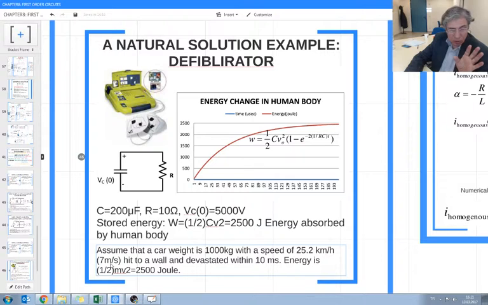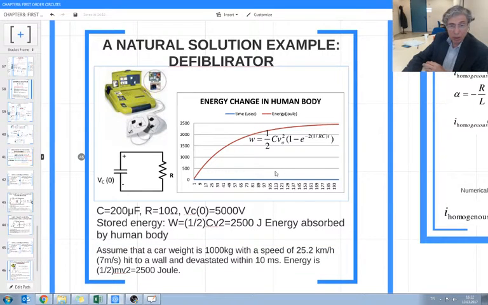The damage on the car is caused by energy release. That energy is the energy that you applied to the human body, but in a very short time, not a long time. If you apply that energy for a long time, the human dies, not because of the heart attack, but because of the electrical shock burn. He or she burns if you apply that energy for a long time. So with a very short time, that is reanimation.